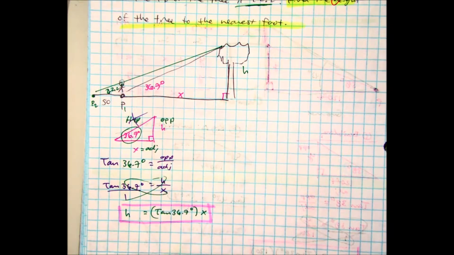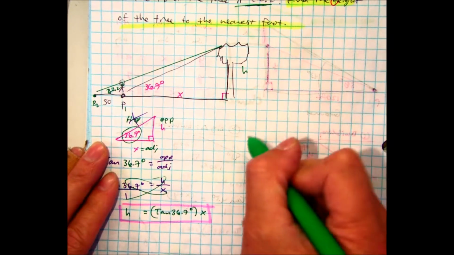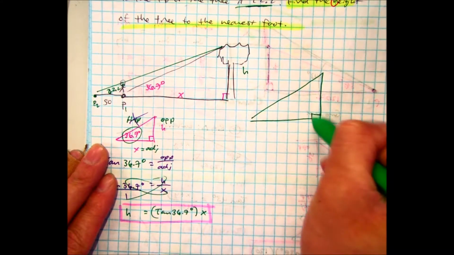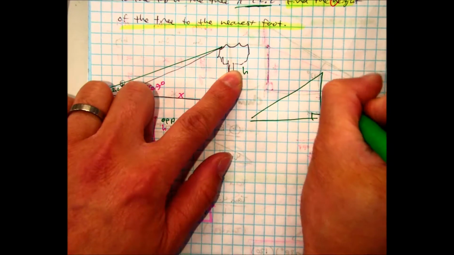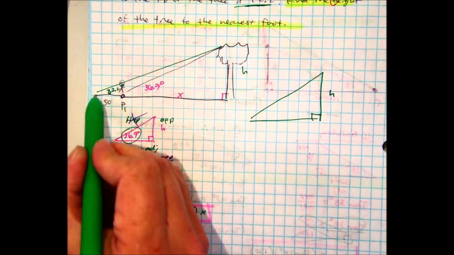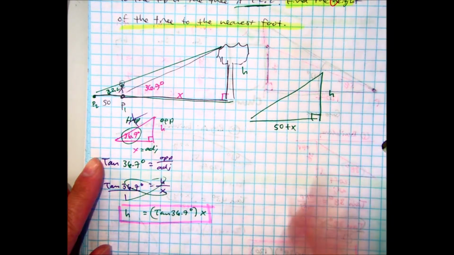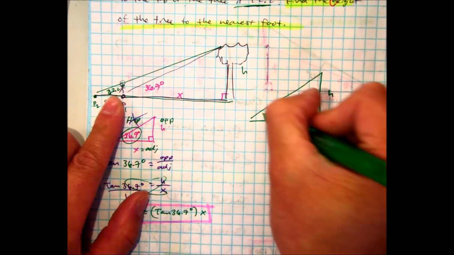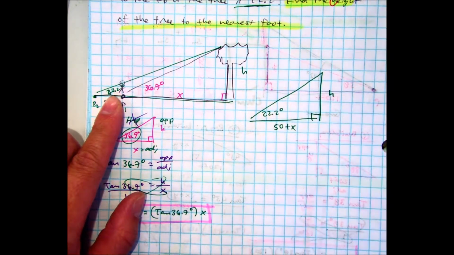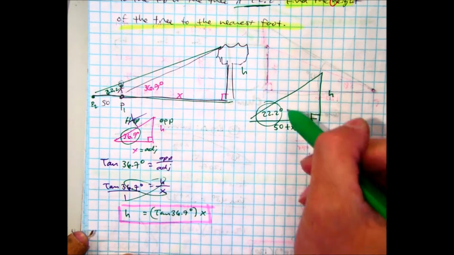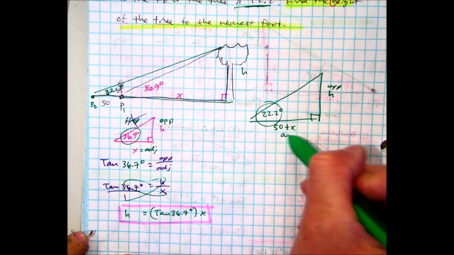Let's do the second triangle. In the second triangle, I have the height of the tree. This entire distance is called 50 plus x, or x plus 50. And that angle is 22.2 degrees. I'm going to do the same thing. I'm starting here, so I have the opposite and the adjacent.